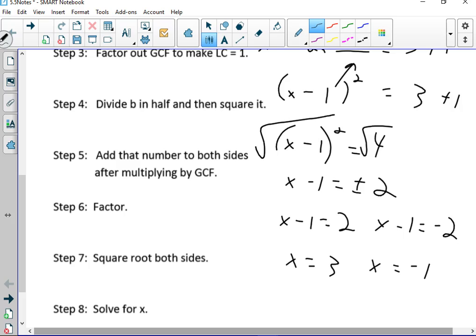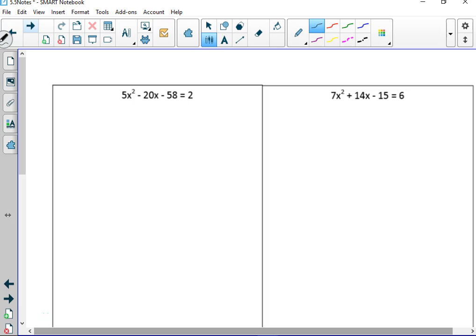Right, this is exactly the same as we were just doing, except we got a new starting step. Okay? So, here we go. Is the number in front of x squared 1? No, it is not. So we have to do these bonus steps at the beginning. We're going to move the 2 over.